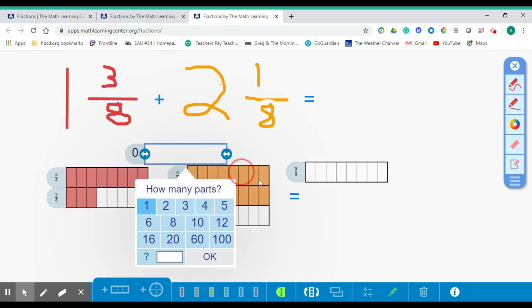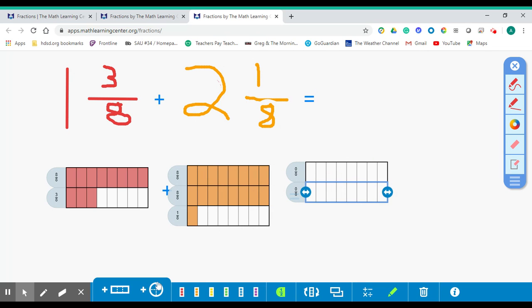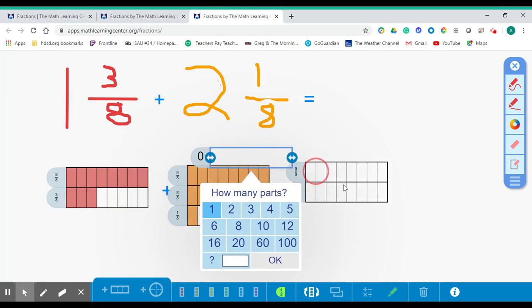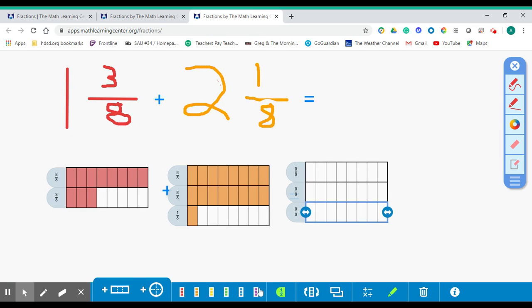So I'm going to have to add another one of these, denominator of 8, and another one of these, and our denominator is going to be 8. Now, when we're doing this, we're going to show all of these because our full whole number is going to be 3. And we can see that right here. 1, 2, 3. And that's these 3 that we have.